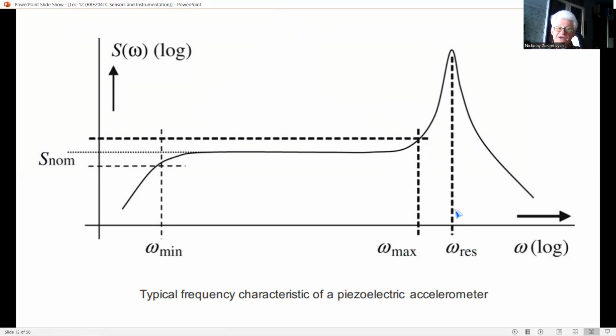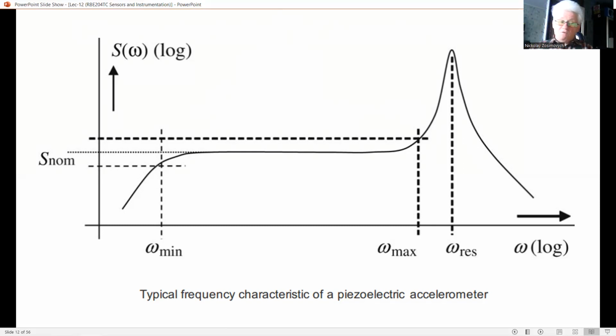A high resonance frequency requires a small mass M and a large stiffness K. The mass determines the sensitivity in the nominal frequency range and is chosen in accordance with the application. The resonance frequency of commercial accelerometers ranges from 1 to 250 kilohertz. The smaller the size, the higher the resonance frequency.